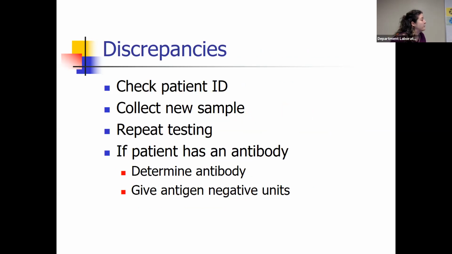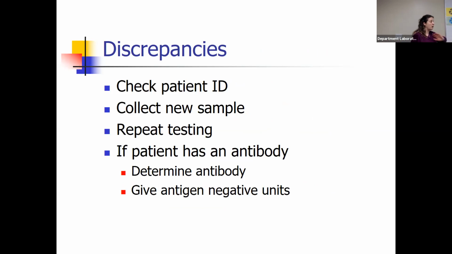If you do have any discrepancies, so let's say you're testing an O patient previously, but now you're getting an A, right? Number one, check your patient ID, check the sample, check the requisition, make sure what you looked up in your history was right. Request a redraw. I cannot stress this enough in BloodBank. Do not feel hesitant to request a redraw.